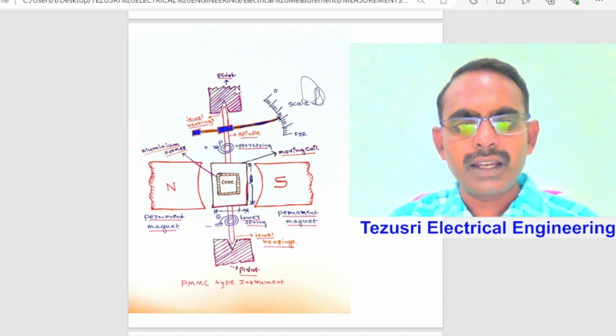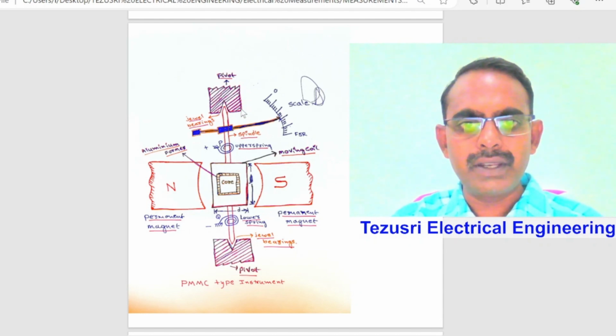The general construction features of the PMMC instrument are shown here. This is the moving coil. This moving coil is wound with many turns of enameled or silk covered copper wire.